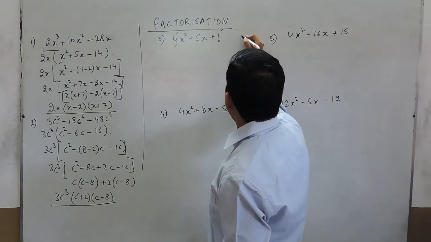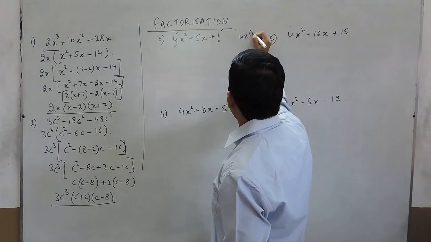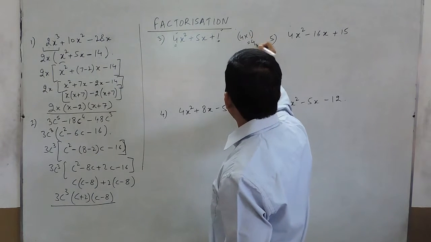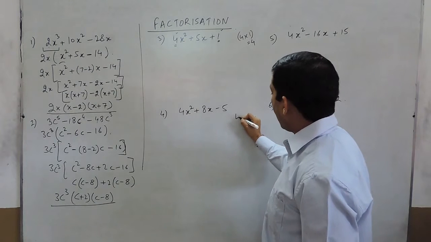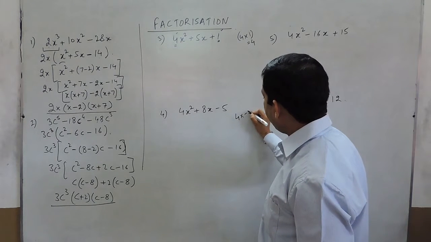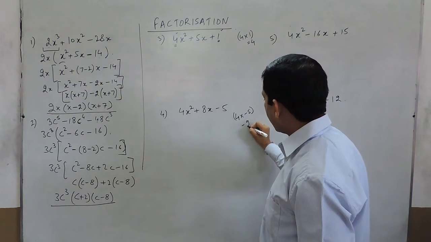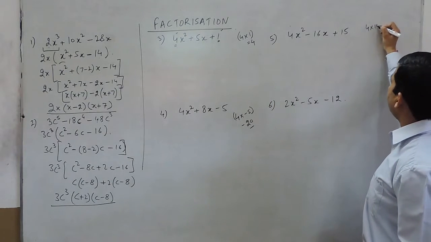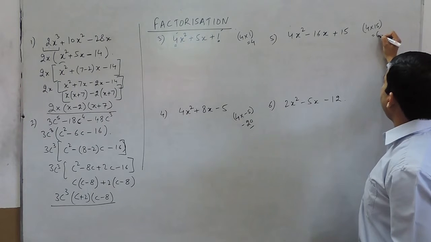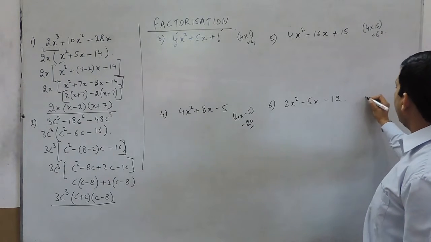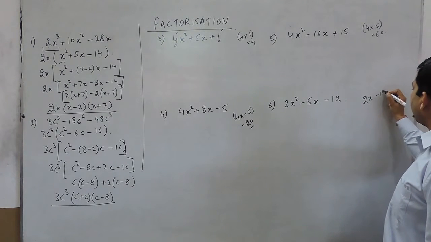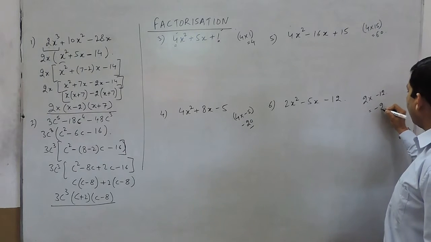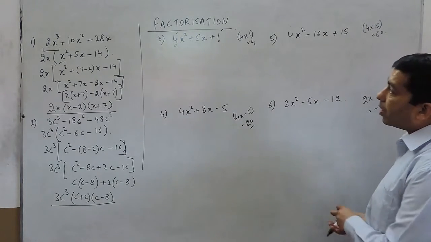So here 4 multiplied by the constant term 1 is equal to 4. Here it is 4 multiplied by the constant term minus 5, it is minus 20. Here it is 4 multiplied by the constant term 15, it is 60. And here 2 multiplied by the constant term minus 12, it comes out to be minus 24.